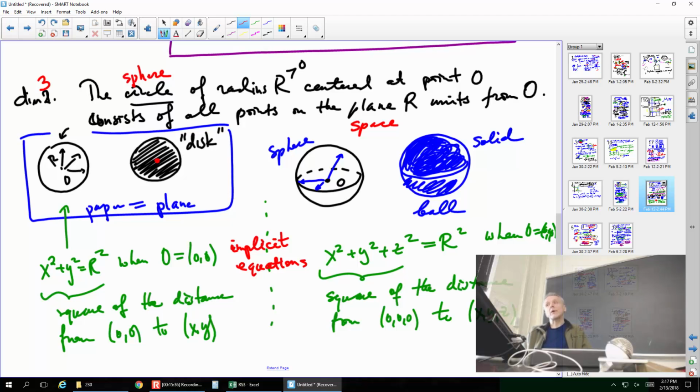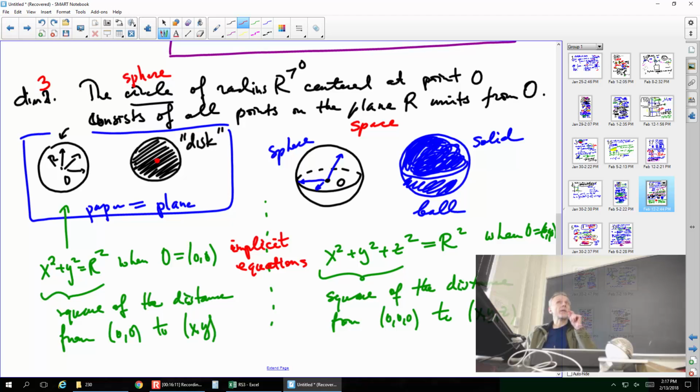The circle of radius r centered at 0 consists of all points on the plane exactly r units from 0. That's the circle, like this. What about the disk? The one that also contains everything inside of the circle. How would you describe it? Maybe all points including and within the r. Can you express it in terms of distances? All points within r. That's right.